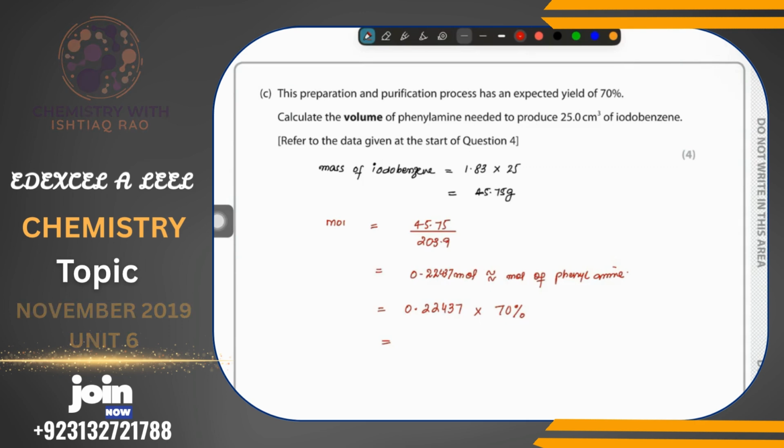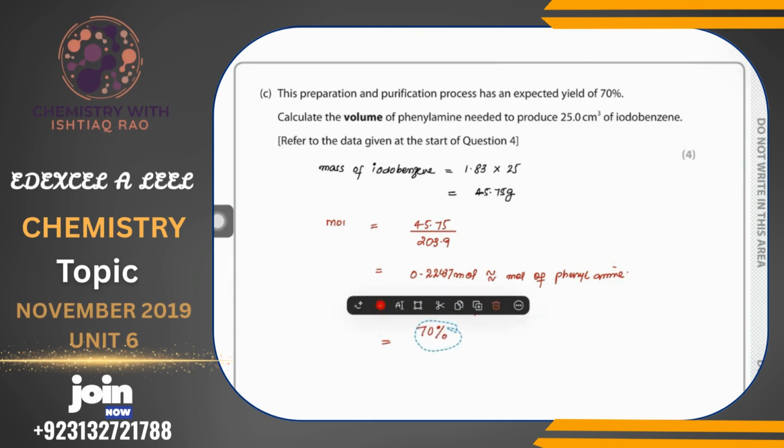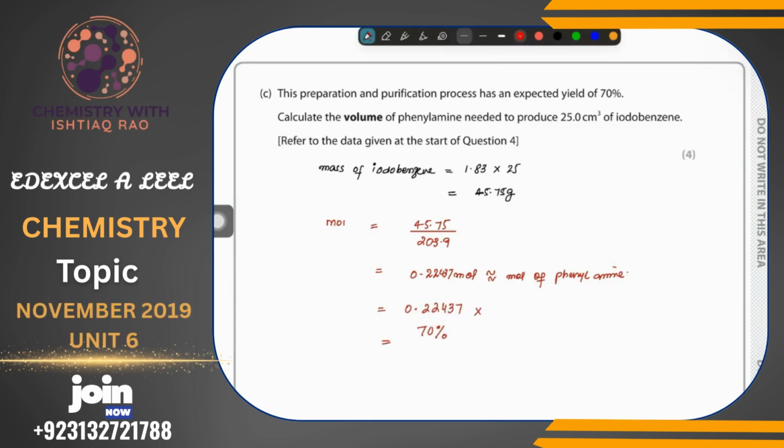So we have to divide 0.22437 by 70%. What would be the answer? 0.320528. Yes, it's the mole of phenylamine.